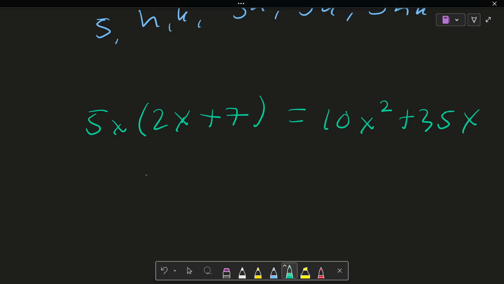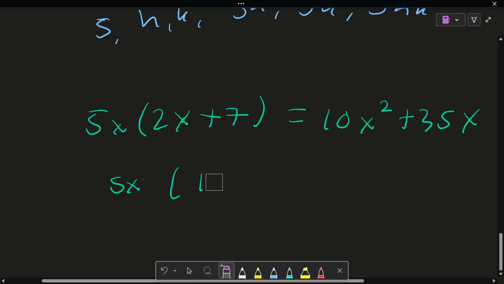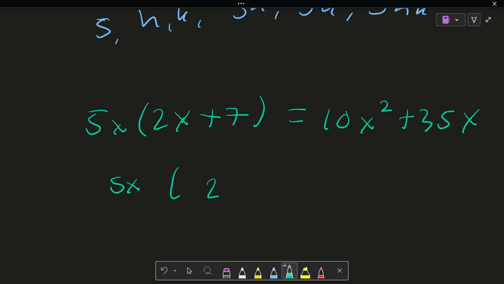So the factors will be 5x multiplied by 2x plus 7.